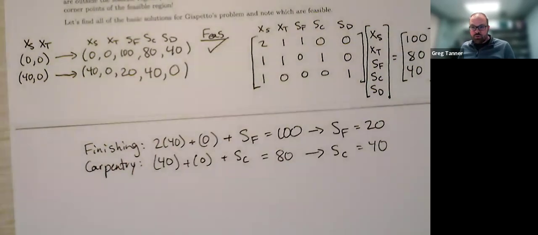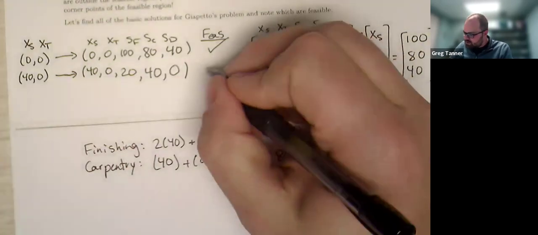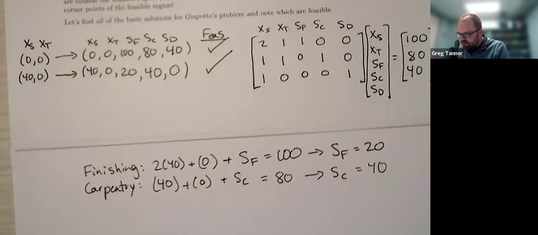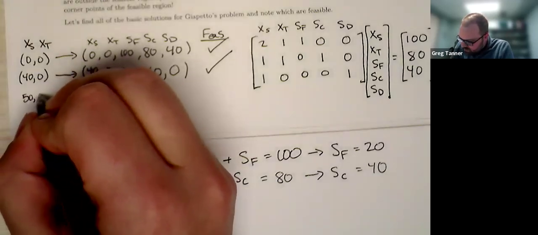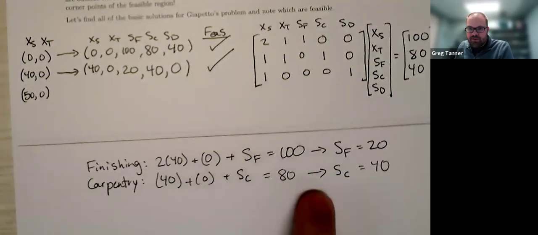Okay, 2 zeros, 3 non-zeros. We know that it's on the intersection of constraints. There are no negatives in this vector, so yes, it's feasible. Next up, we'll do 50, 0. Notice I didn't have to check the demand one because I already knew that there was no slack for demand.